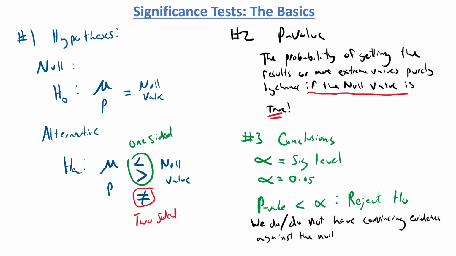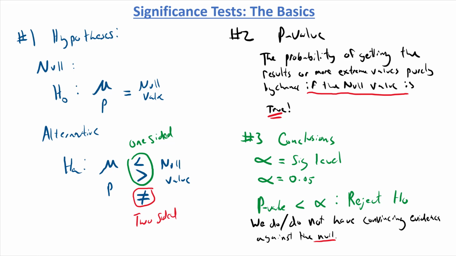So again, the overall statement for your conclusion is we do not have convincing evidence against the null. You need to put in the null and what all your convincing evidence is, as far as the calculations you got. That's where you're going to put in your context, so what we're talking about in the problem. Don't leave it out.